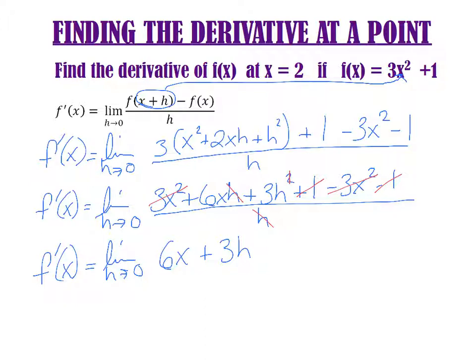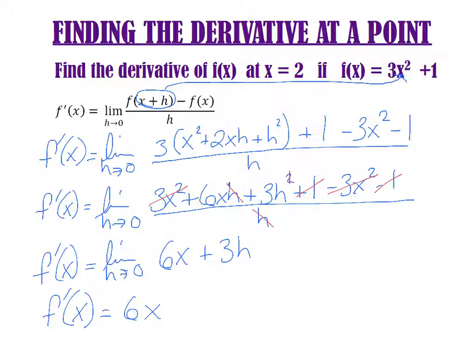Now I'm ready to evaluate the limit. And what that means is now I'm ready to do the direct substitution. If I put 0 in here, that goes away. It looks like my derivative is 6x. It's like the last one. It was a parabola, so the slope of the tangent line is going to change depending on where you're at.